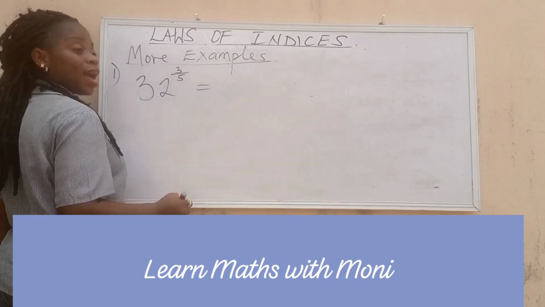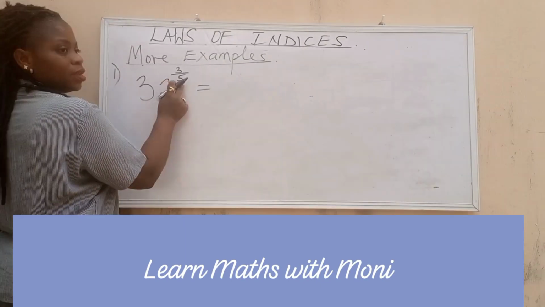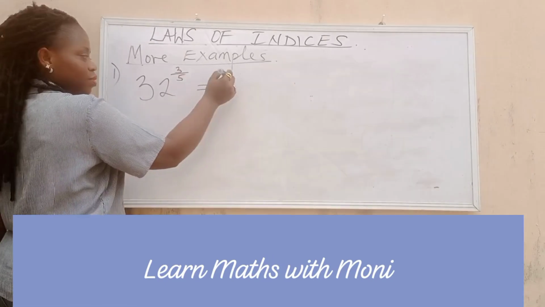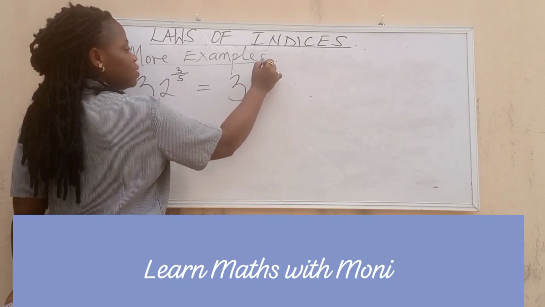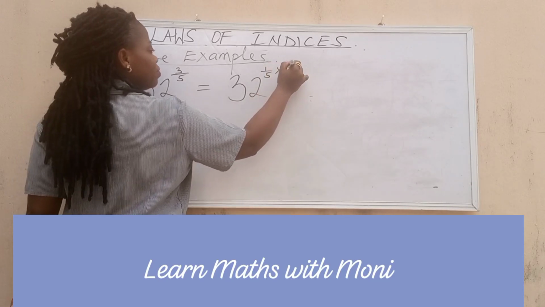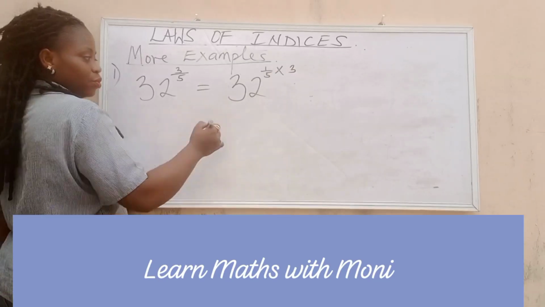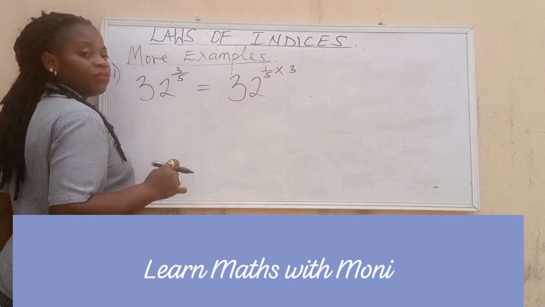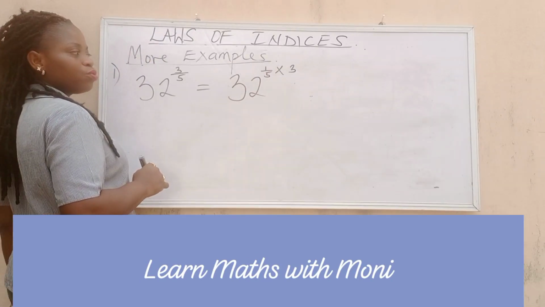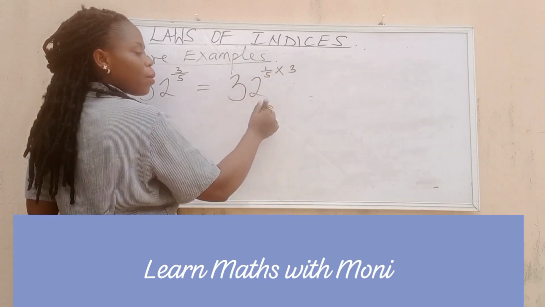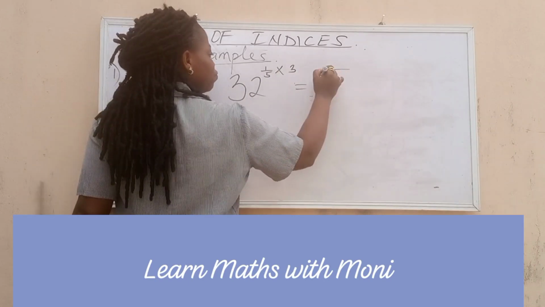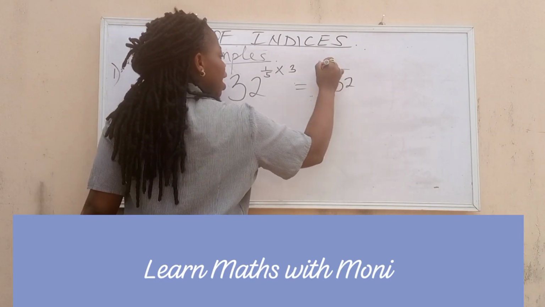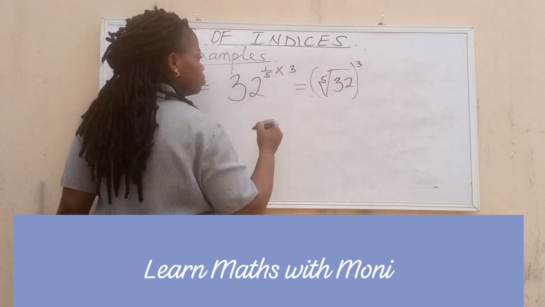This is the same thing as saying the denominator is 5. Going by the splitting, this is 1 over 5 times 3, which is the fifth root of 32 raised to the power of 3. Fifth root of 32. Everything raised to the power of 3.